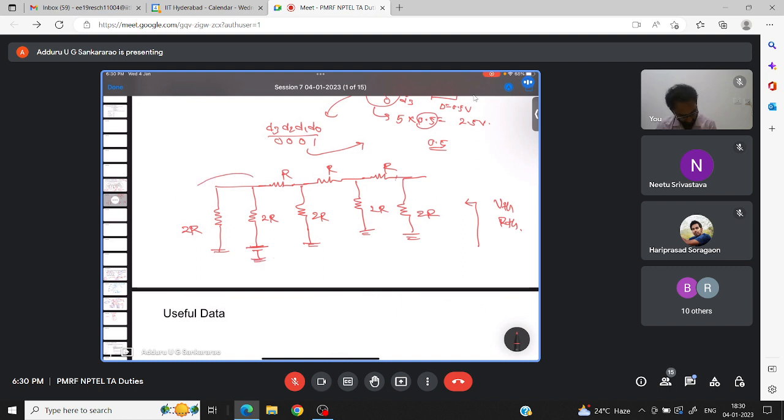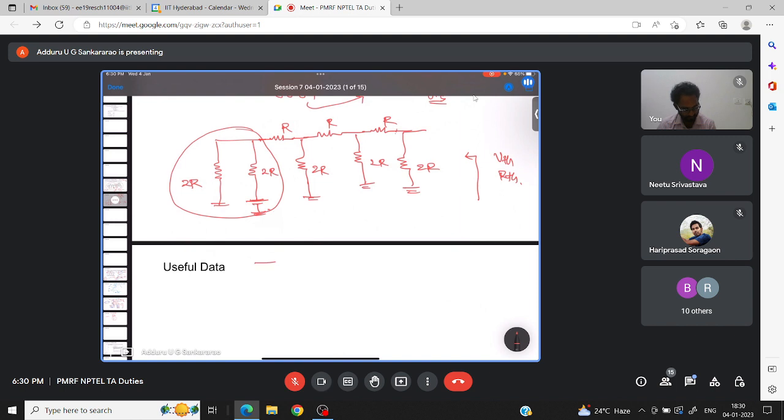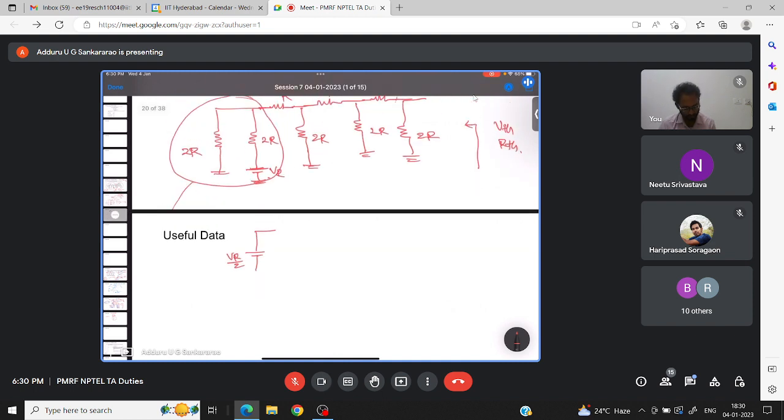Now for this, can I replace like this? Only this one. Can I replace this with this? For this, the Thevenin's equivalent is VR by 2, and this R and R in parallel. Before calculating the entire one, for only this one, can I do like this? Yes or no?